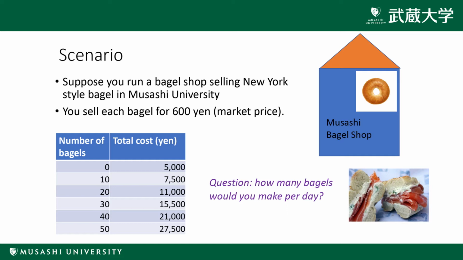So in order to answer this question, what kind of information do we need? So we know the bagel price is 600 yen, well, assuming that's not changeable. So what other information do you need?